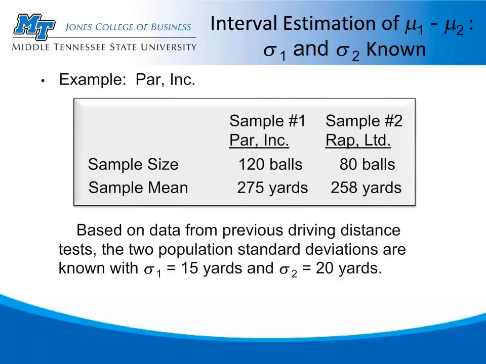Ordinarily, you wouldn't have information like this, but we're given that sigma 1, the standard deviation for the par group population, is 15, and that sigma 2, for the wrap group, is 20. Since we're assuming that we know the population standard deviation, we're going to be able to use a z formula that connects the two.